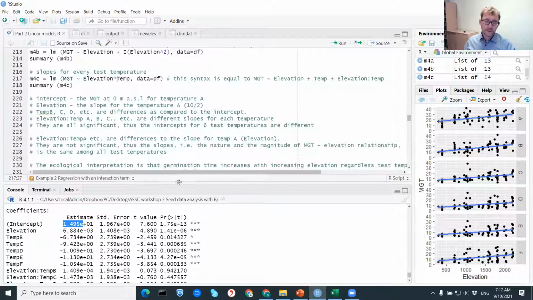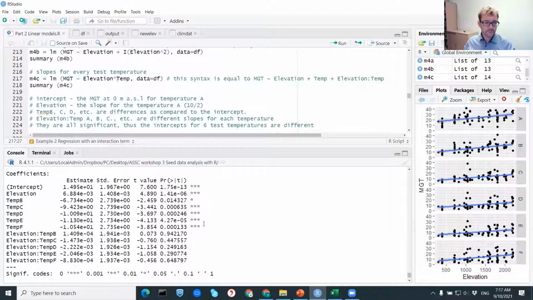Right, what we can see here is that intercepts for every test temperature A, B, C, and so on are significant. It means that the mean germination time at elevation 0 is significantly different from 0, right? The second important finding here is that elevation, the slope, is significant, meaning that there is a statistically significant relationship between mean germination time and elevation.